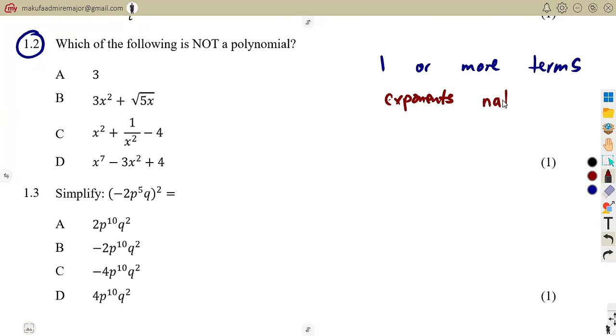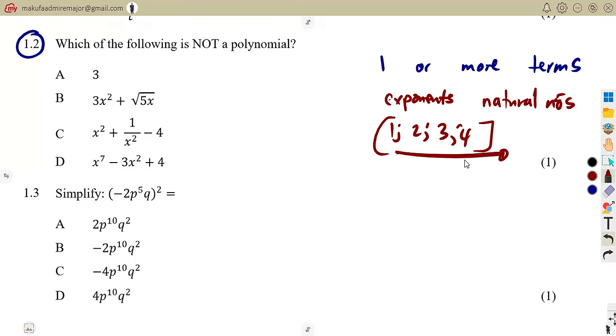Natural numbers. We are supposed to be considering natural numbers, that is 1, 2, 3, 4, and so on. Those are the exponents that we are supposed to be having when having a polynomial. So we can say 3 is part of this because it's a constant. So you can just leave this and say it's a constant.